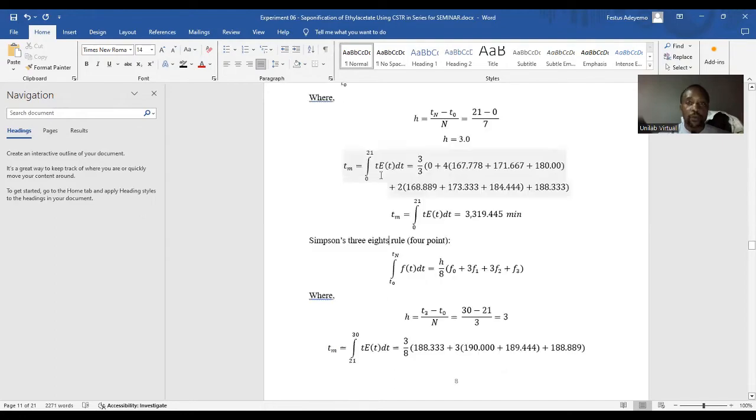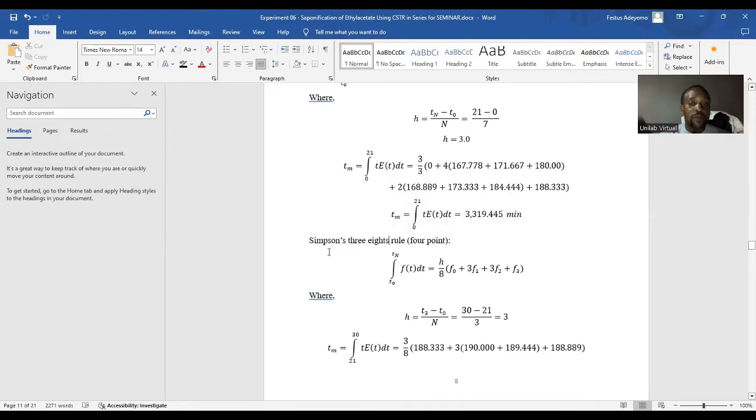to f of 8. The values of these functions were taken and all the f of even numbers were added here times 4. F of the odd numbers were added here times 2. This is the initial f and this is the final f. And then we compute it to have Tm equals 3,319.445 minutes.